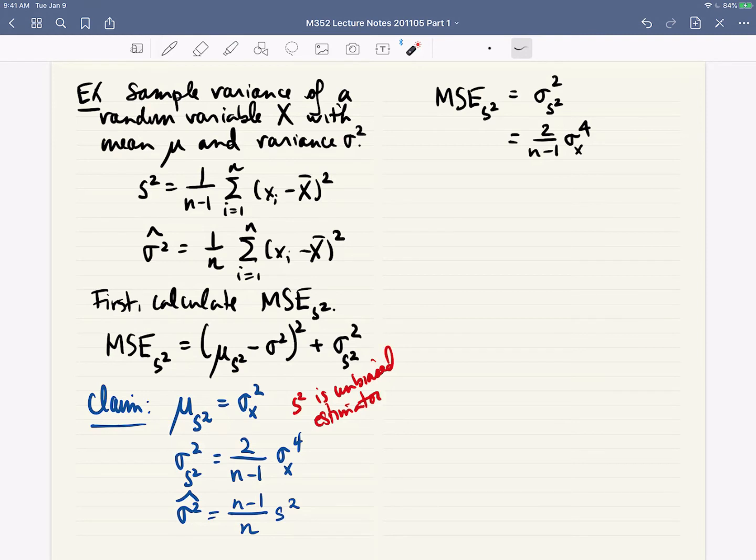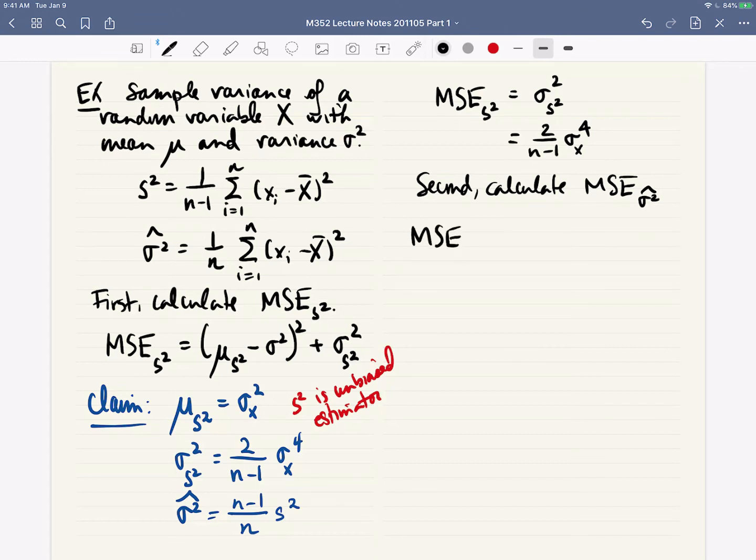So now let's calculate the same thing for this other point estimator. So second, calculate the mean squared error for this other estimator of the variance.